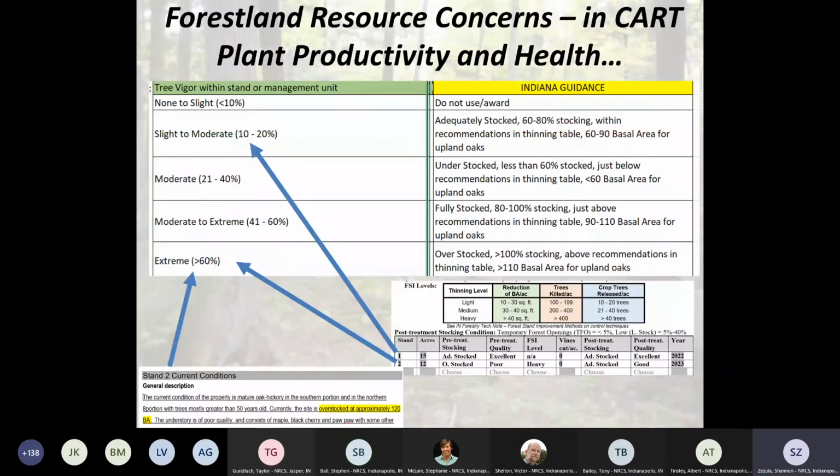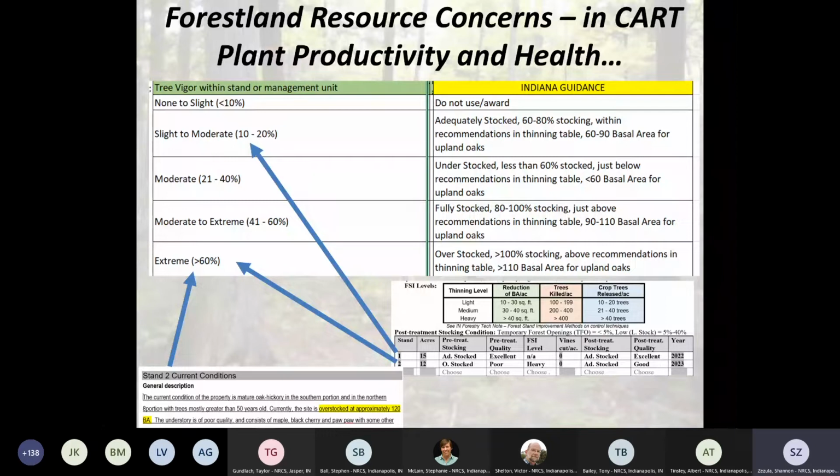Next question on this resource concern gets more into that productivity and health kind of terminology, with tree vigor and so on. So again, taking these two separate management plans and helping you decide which stand goes where. And again, much like your croplands, forest lands can have very separate stands.